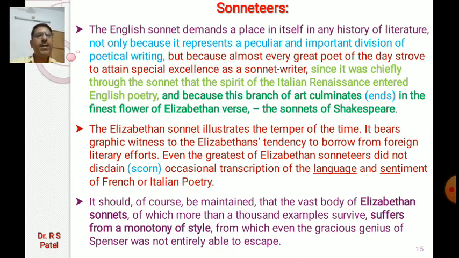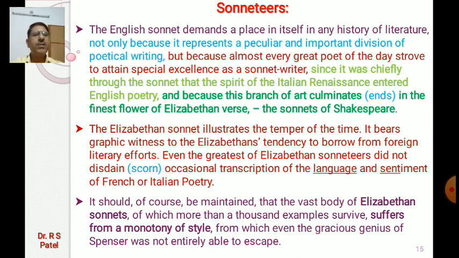It should of course be maintained that the vast body of Elizabethan sonnets, of which more than 1,000 examples survive, suffers from a monotony of style. So many examples we have today also of the Elizabethan sonnet. Monotony means એક સરખાપણું, જે લાંબા ગાળે એક સરખા પ્રકારના સોનેટ્સની અભિવ્યક્તિ માણસને કંટાળો ઉપજાવે, તો એ પ્રકારનો કેટલીક અભિવ્યક્તિ પણ તમને અહીંયા જોવા મળે છે.